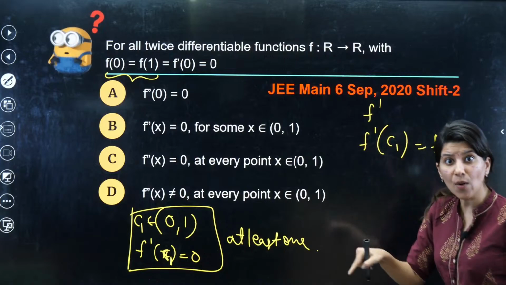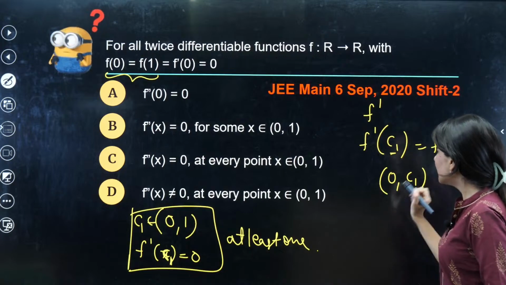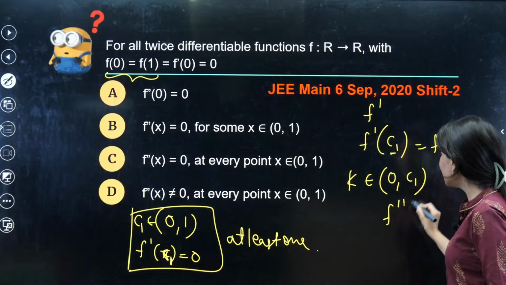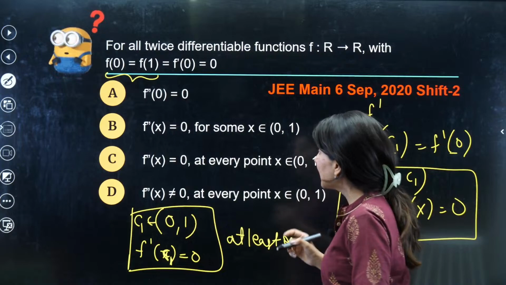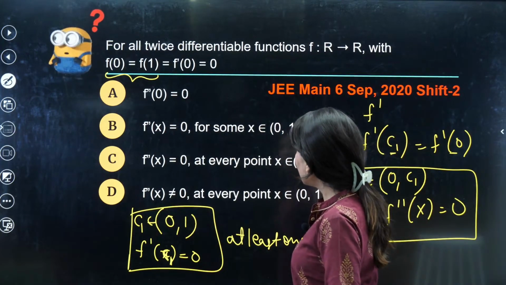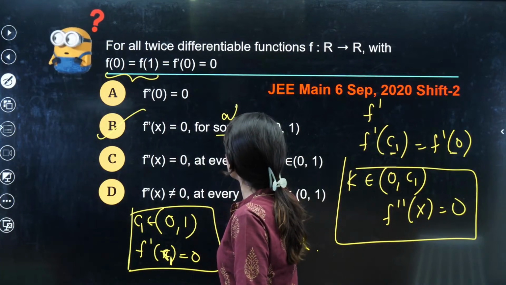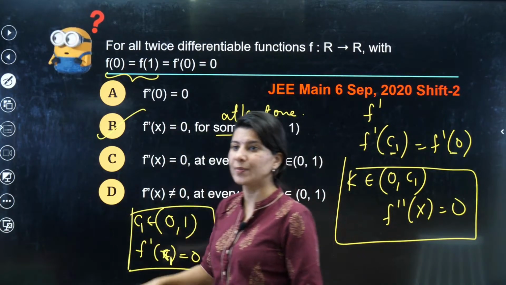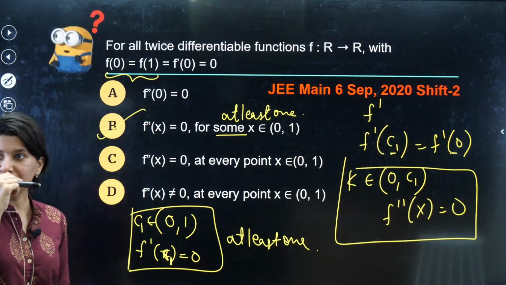That means I can now apply Rolle's theorem between these 2 points, 0 comma C1. So there exists a point K which belongs to 0 to C1 where f double dash x becomes 0 at least once. So there exists at least one value between 0 and 1 for which it is 0. Which answer is correct? Clearly for some, that means at least 1. For some means for at least one value, f double dash x becomes 0. Okay. I hope that this is clear.